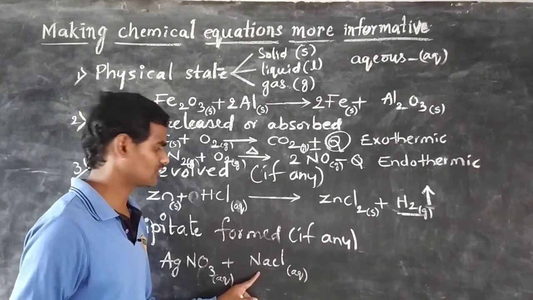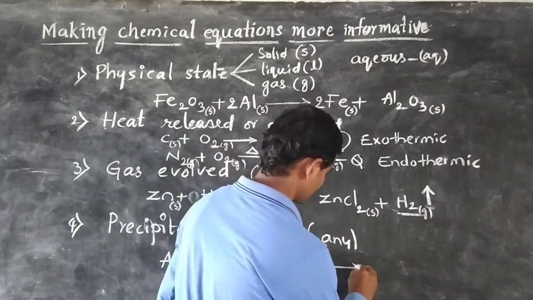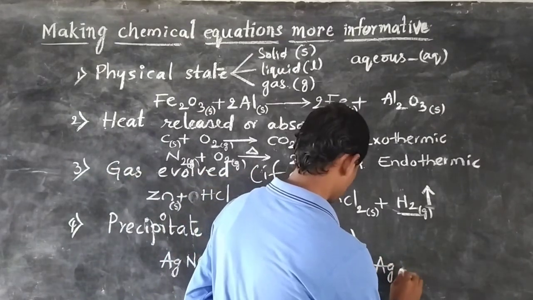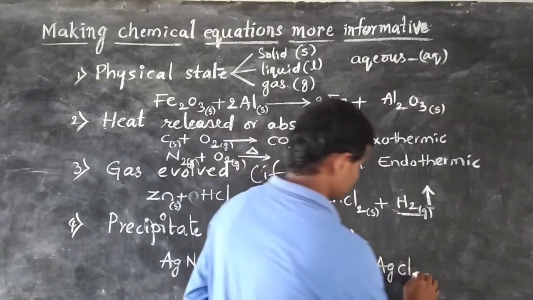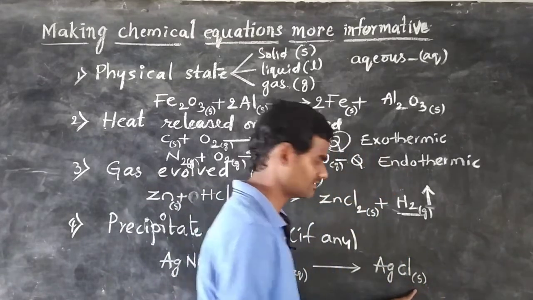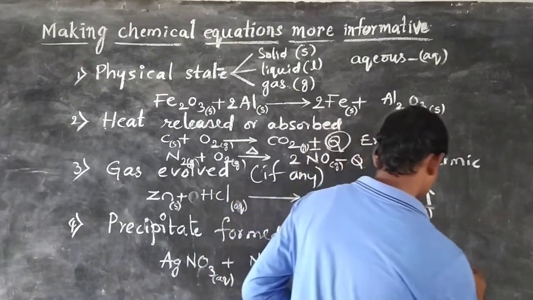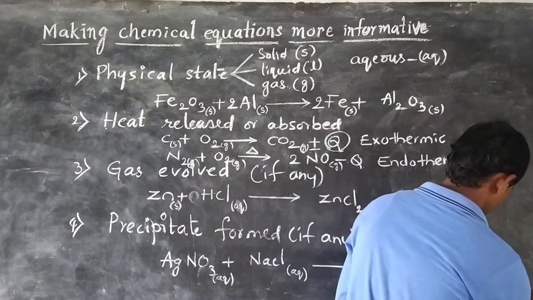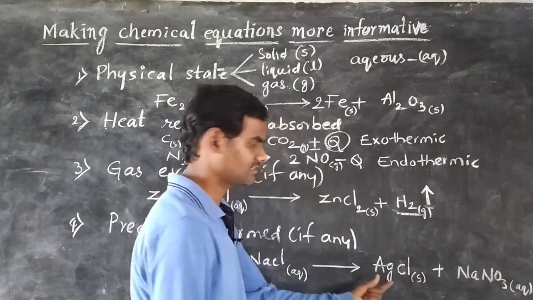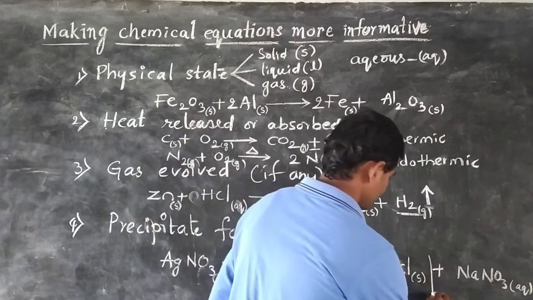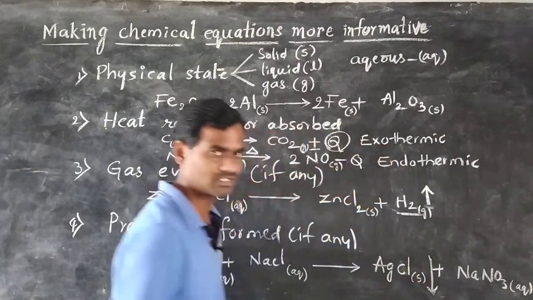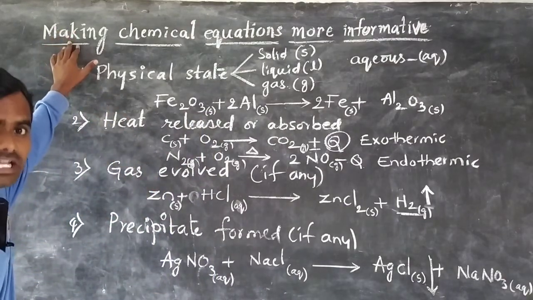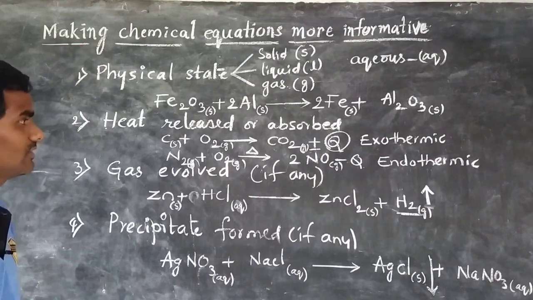When these two react with each other, it forms silver chloride, which is in solid form, so we represent it with S, plus sodium nitrate, NaNO3, which is in aqueous form, so we represent it with AQ. The silver chloride which is formed is a precipitate, so we represent it with the downward arrow. This is the representation of a more informative chemical equation. So these are the four reactions.